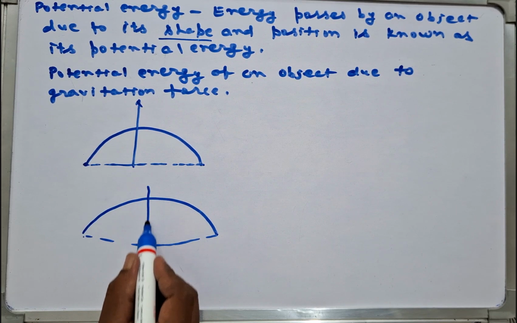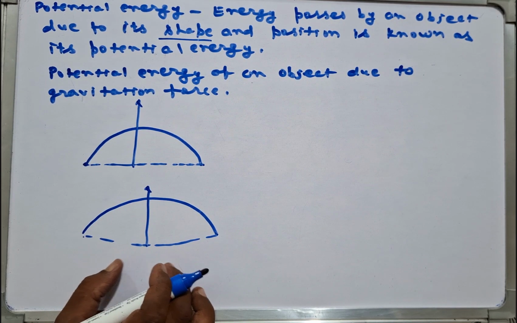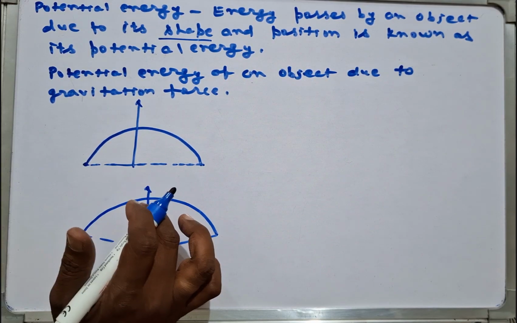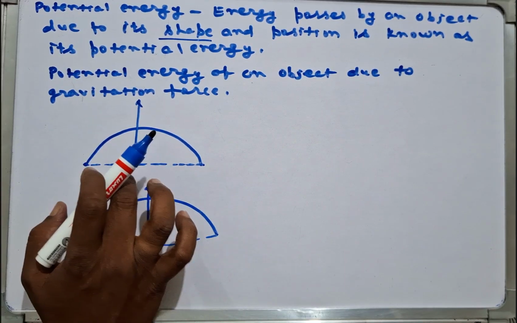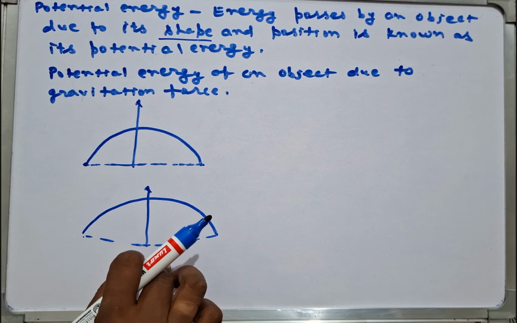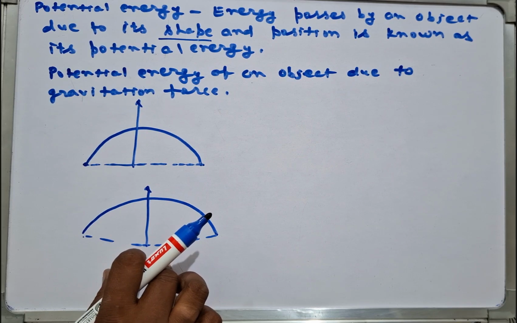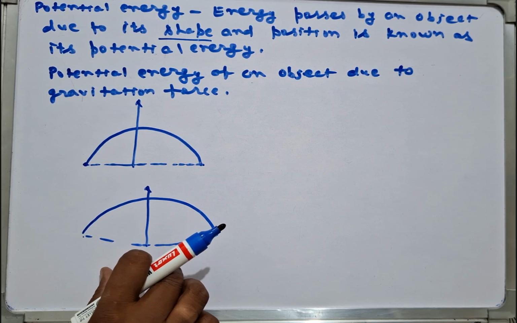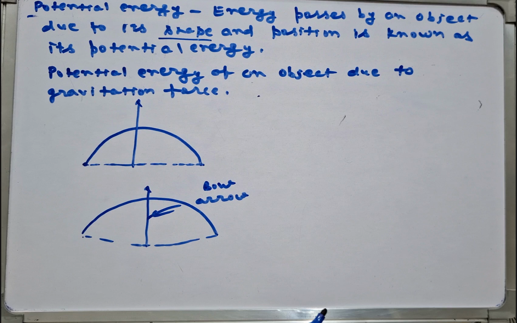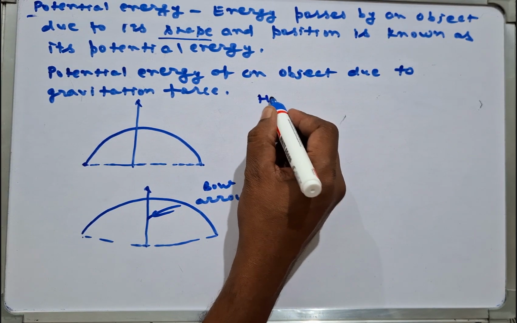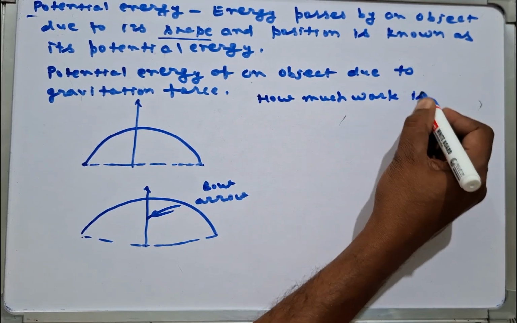So what happened, this is now in tension. When you release it, then the arrow will move. So due to the change in shape from this shape to this one, potential energy is being created in this bow.